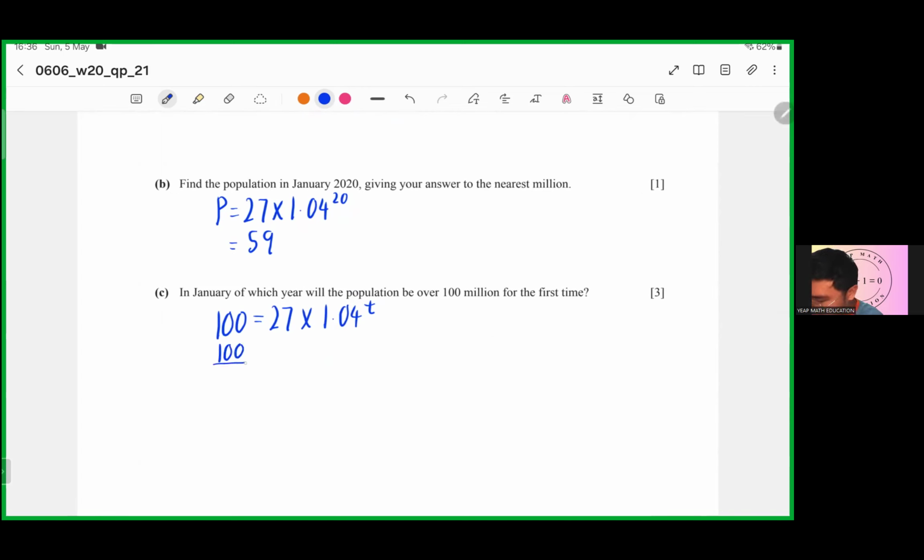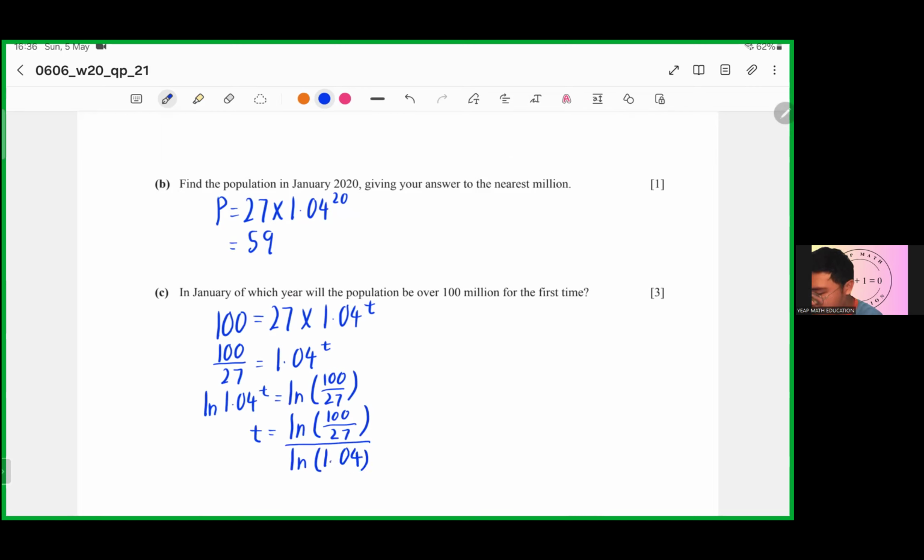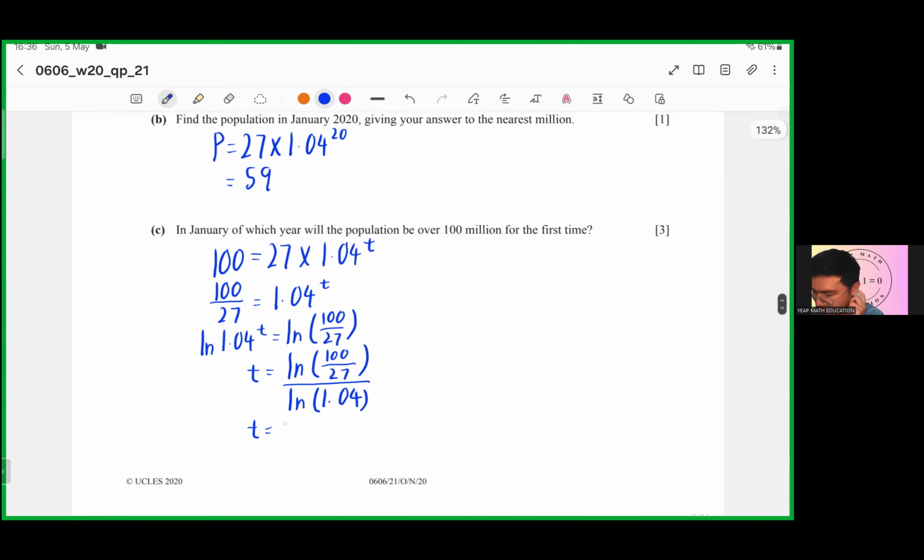I take 100 over 27 equals 1.04^t. So I take ln: t ln 1.04 equals ln of 100 over 27, so t equals ln(100/27) over ln 1.04. Let's see what the answer is here.